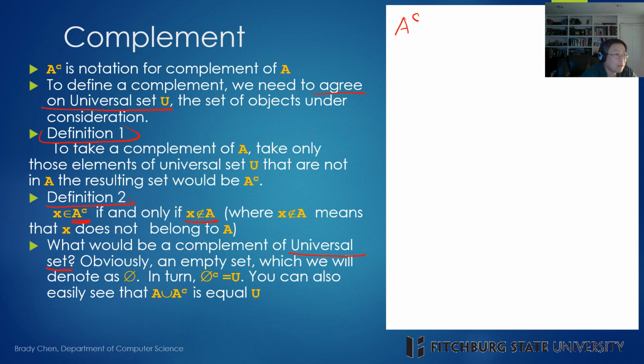So that means it does not exist, right? Because the universal set already contains everything we are interested in, so the complement of the universal set contains nothing. So we use the empty set. The complement of the universal set, U to the C, is the empty set.